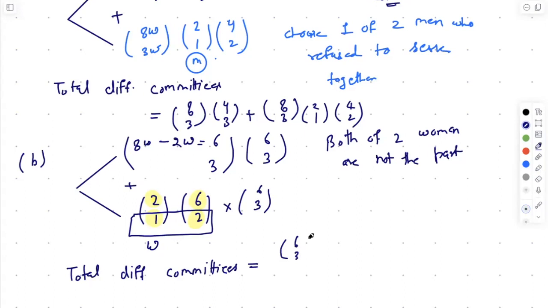It is 6C3 times 6C3, plus the second one, 2C1 times 6C2 times 6C3. Is there any doubt? I hope no issues are there.